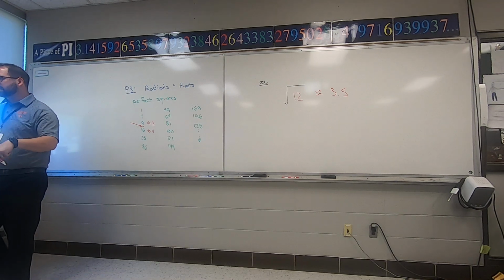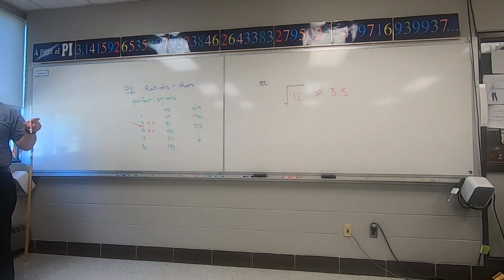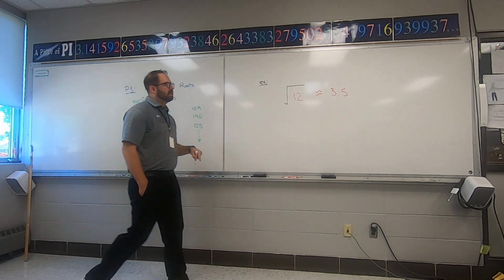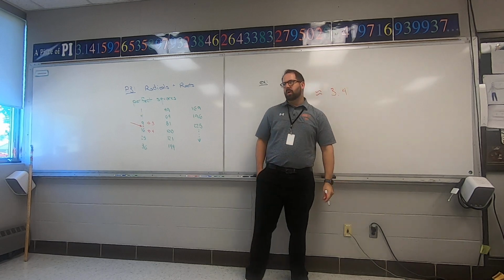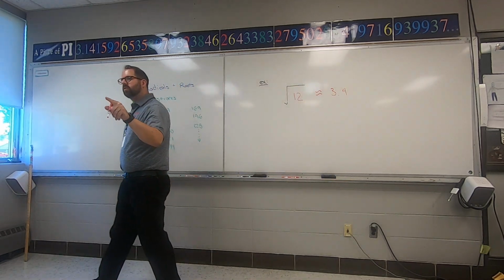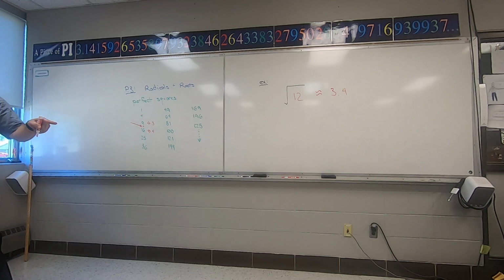It's closer to 9 than 16, right? So it's closer to 3 than it is to 4. So I don't think it's gonna be 3.5. I think it's gonna be 3.4 or somewhere closer, because it's closer to 9. So it's not gonna be in the perfect middle, it'll be closer to 3. That's how I estimate it in my head.